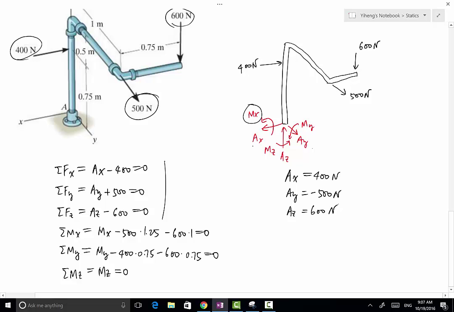And then these equations, they only have one unknown anyway, so from the next equation we can solve for Mx to be 1225 Newton meter or 1.23 kilonewton meter. My from this equation, that's 750 Newton meter, and lastly Mz is 0.